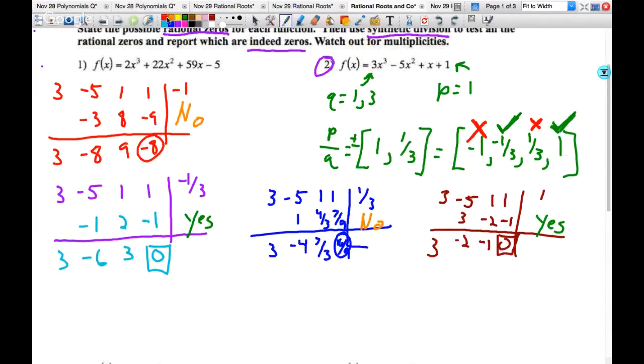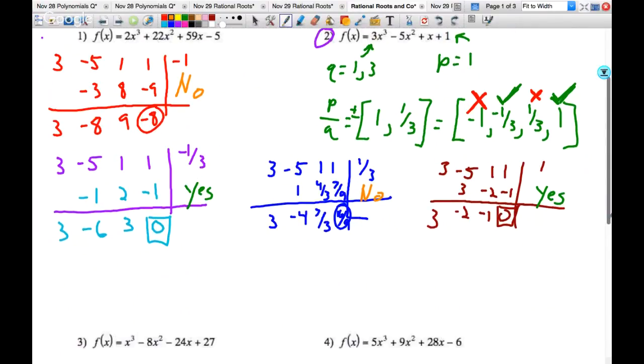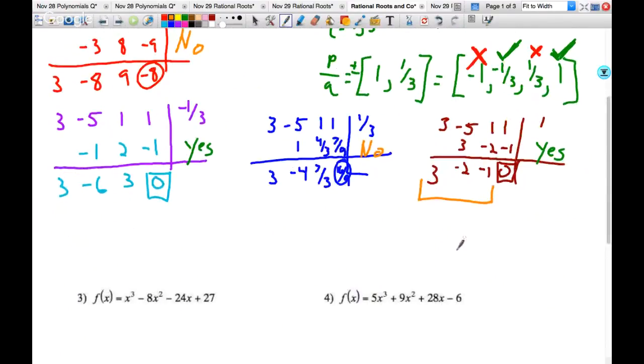So how do I check to see if 1 is a 0 twice, or if negative 1/3 is a 0 twice? Well, let's just use the bottom row from our synthetic division and test it with both of these numbers, and we'll see which of them gives us another root, as indicated by giving us the remainder 0 again.